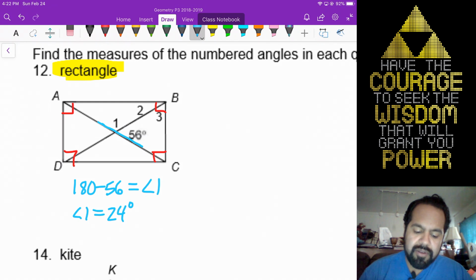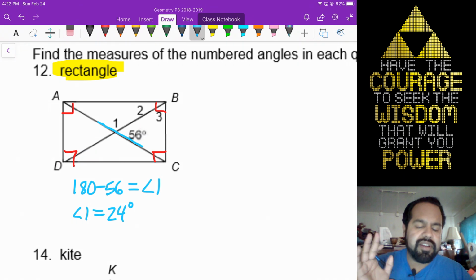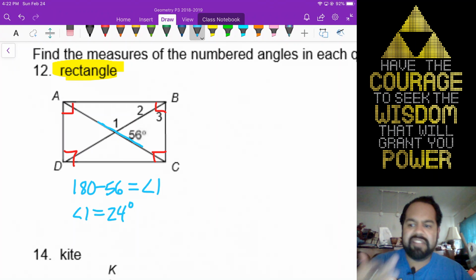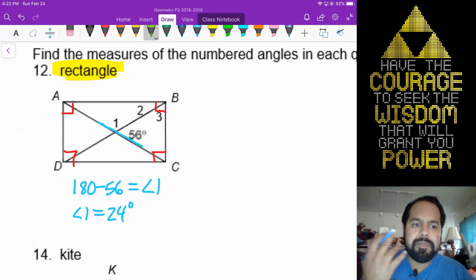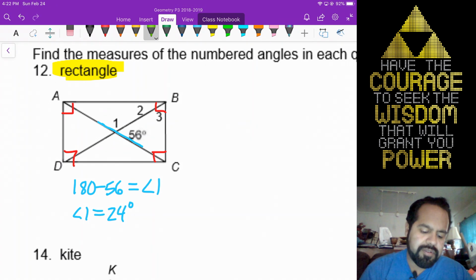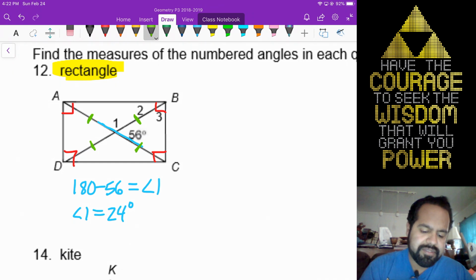Yay. Now, angle 3 and angle 2, I'm going to find in the same manner, but depending on which one you solve, you're going to use a different angle as part of it. So in a rectangle, the diagonals do not only bisect each other, but they're also all congruent to each other. So we create these 4 little segments. I'm going to work with the 56 degrees.